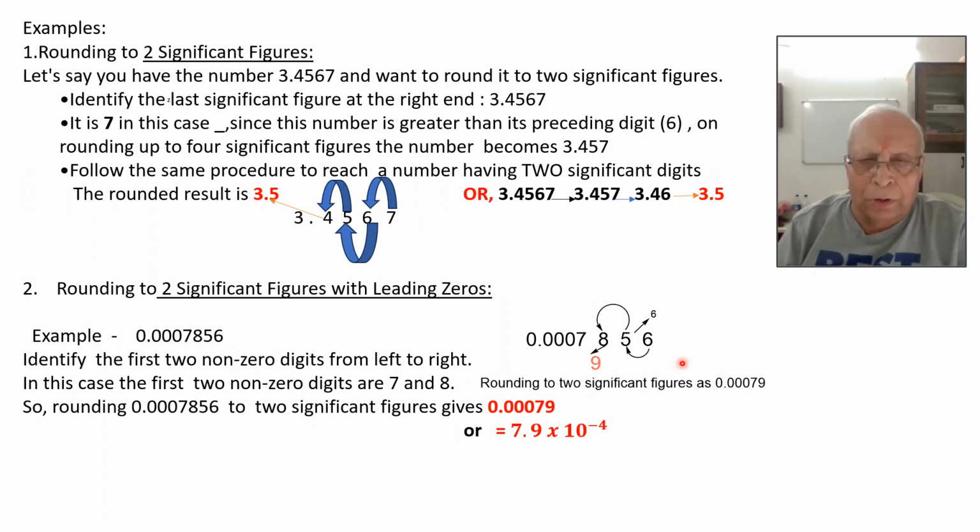Follow the same procedure. 6 to 5, 5 is converted to 6, and then 6 to 8, 8 is converted to 9. So the number becomes 0.00079. Or you can say, in scientific notation, it is equal to 7.9 into 10 to the power minus 4.